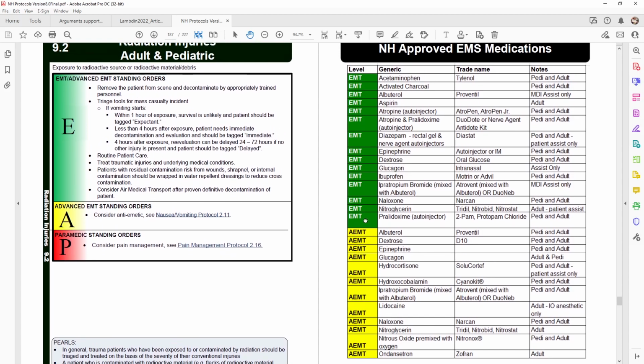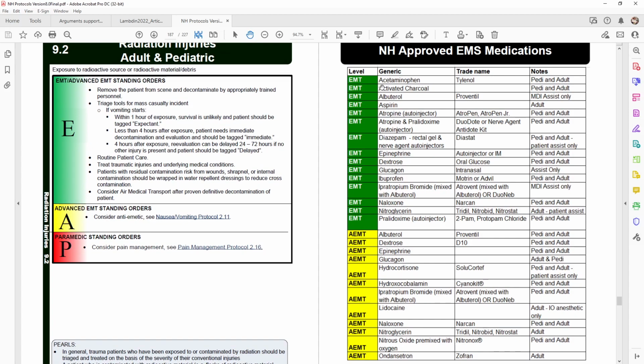Or you could take it to mean that EMRs cannot give any of these drugs, to include Narcan, which we know is false, or epinephrine autoinjector, which we also know is false, right? So aspirin, oxygen, an EpiPen, oral glucose, Narcan.